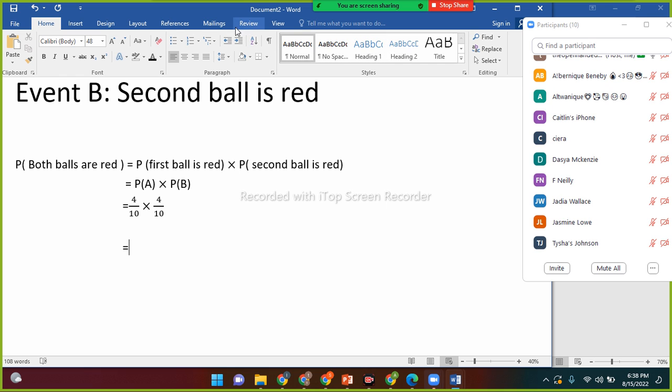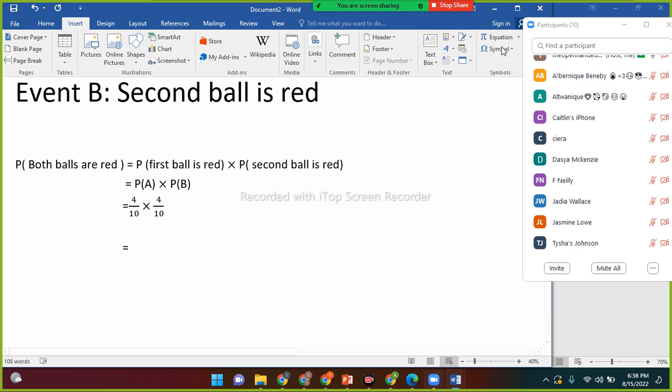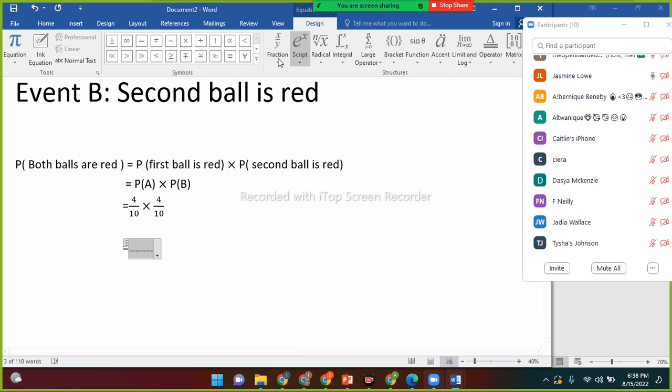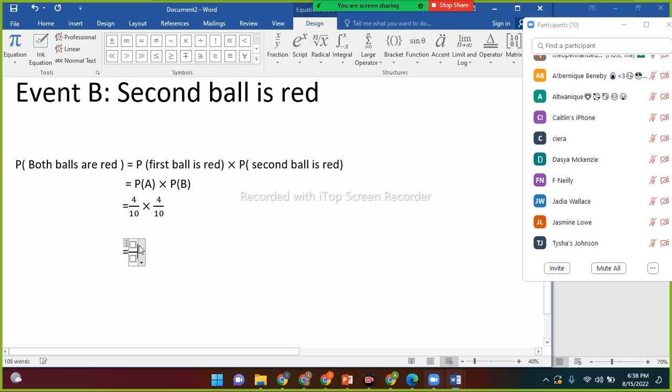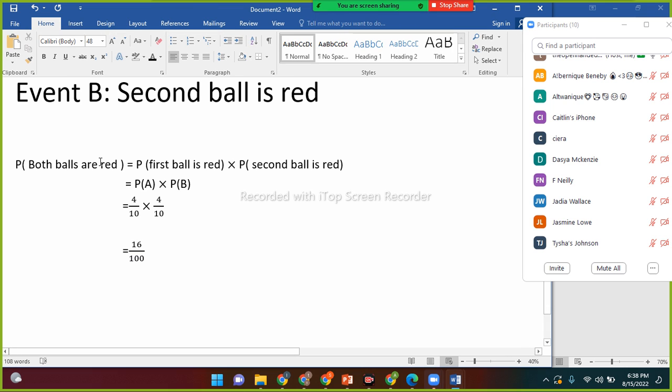Go ahead, Jasmine. 16. 16, 1, 6. What is 10 times 10? 100. So the probability that both balls are red is going to be equal to 16 over 100.